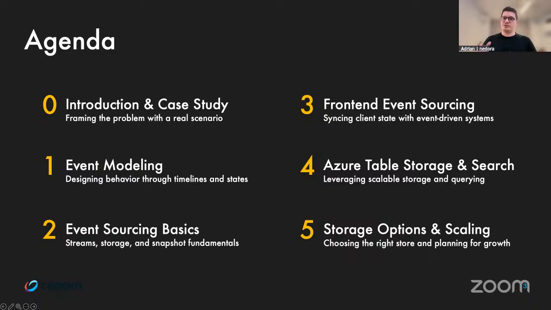From there, we'll cover event sourcing basics, streams, event stores, and snapshots. We'll talk about the pros and cons of event sourcing and when it's actually a good idea versus when it becomes an overkill.